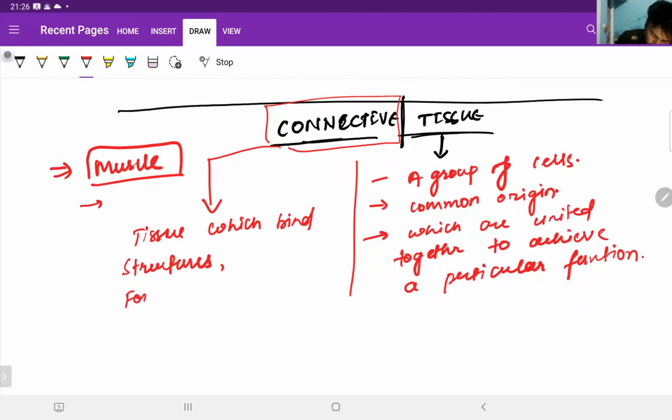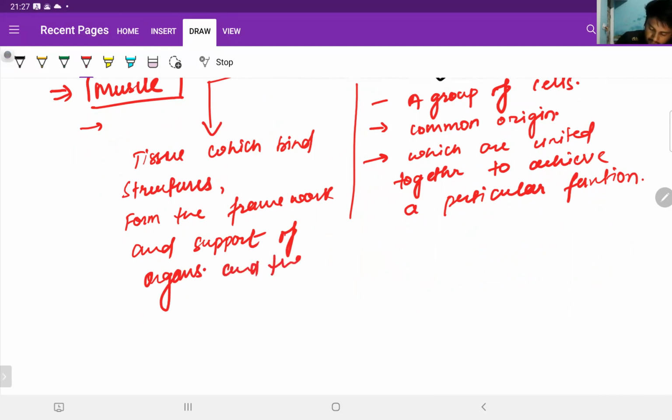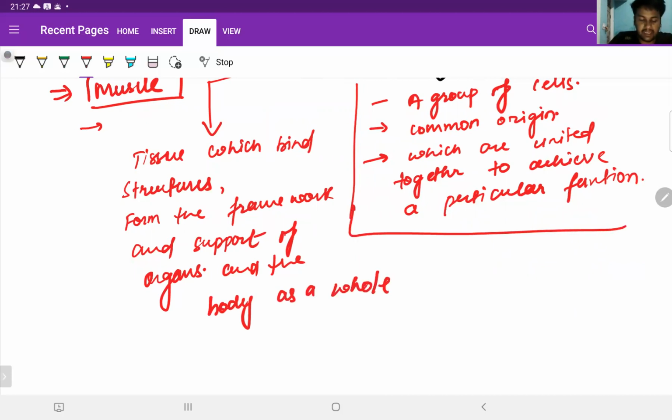Also, they form the framework and support, right? They also form the framework and support for organs. Organs के लिए support बनाते हैं, and the body as a whole. So this is the basic definition of a connective tissue.